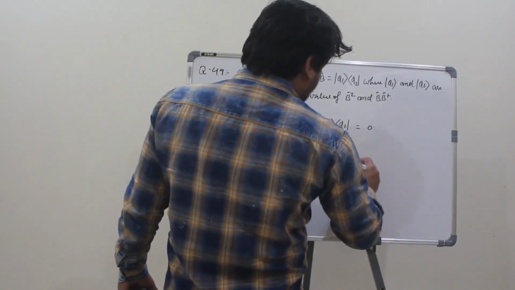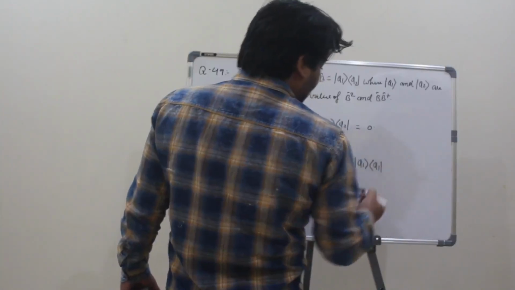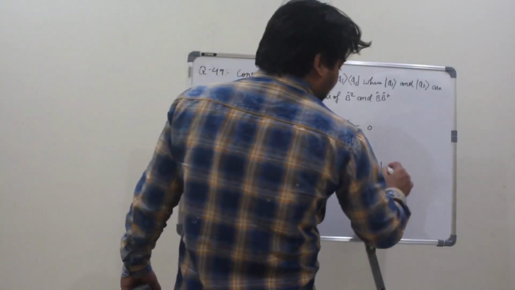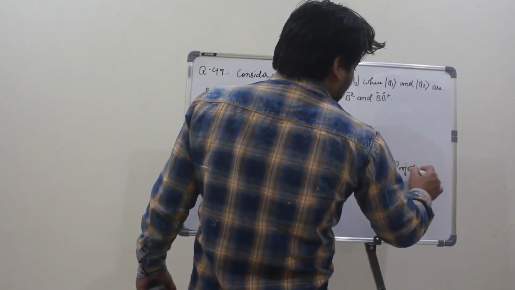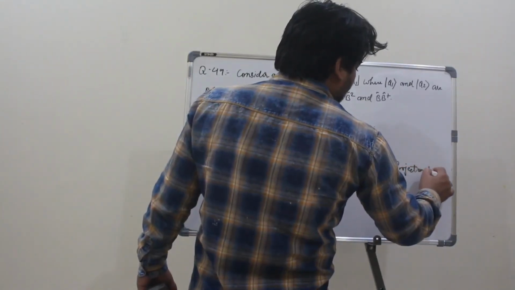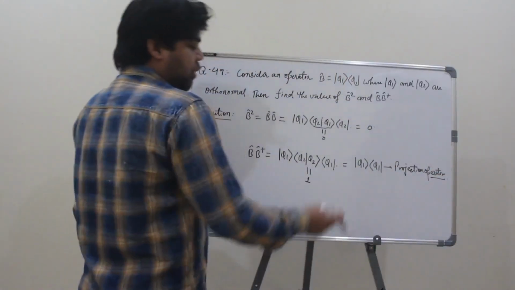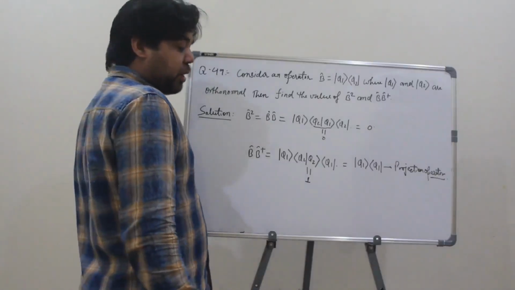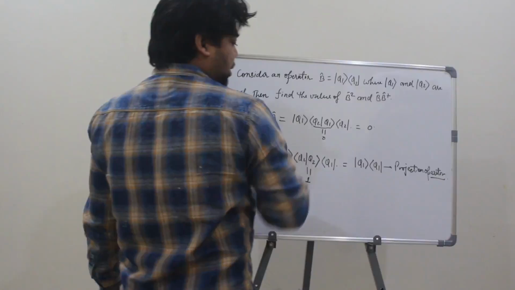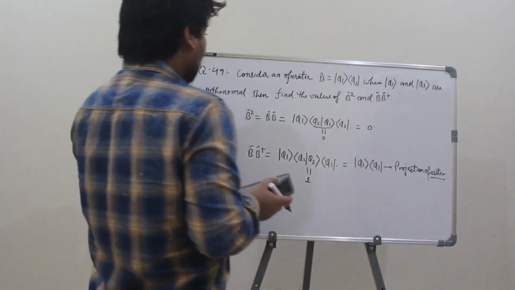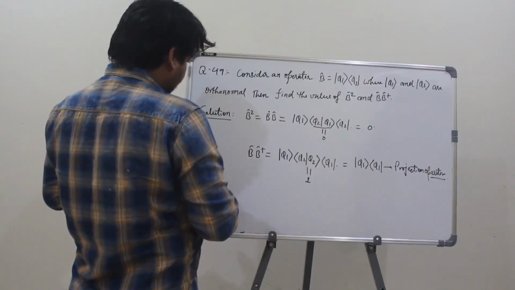So you are left with the outer product of phi1 with itself, which is nothing but a projection operator. Right? So this is what we have got. Simple problem.